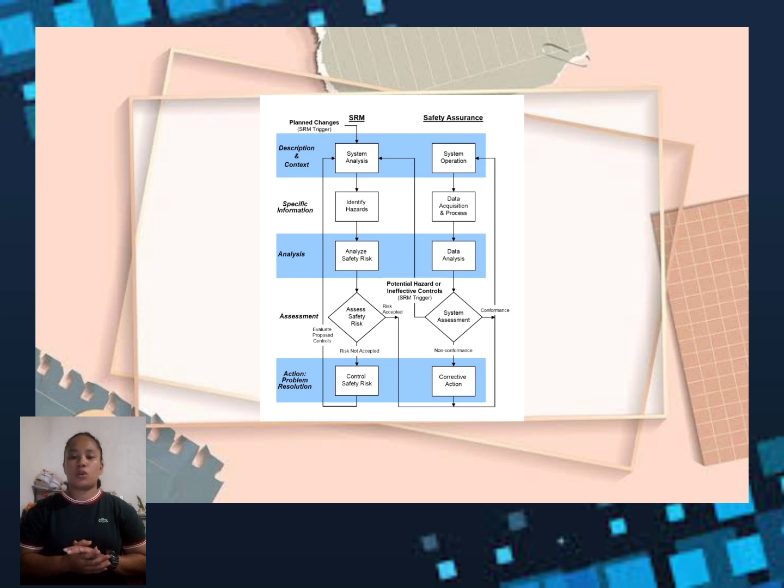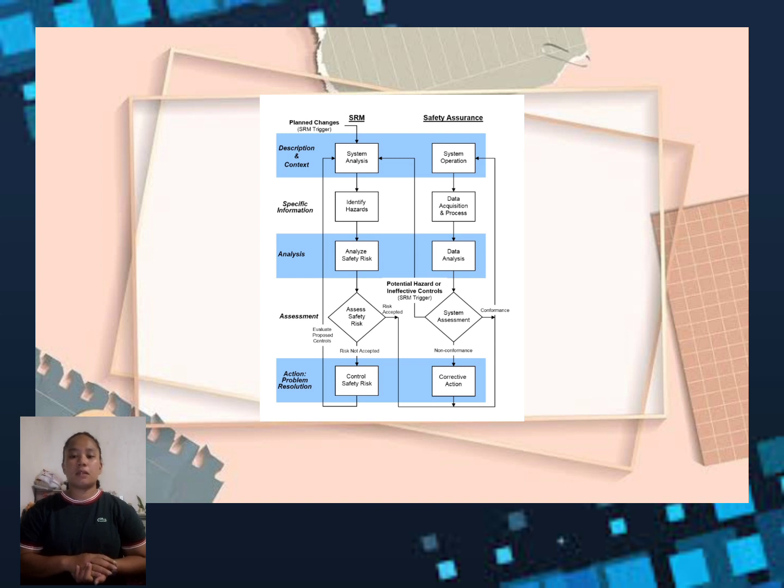This process shows the arrow loop from control safety risk to system analysis that reads evaluate proposed control. On the right is a flow diagram displaying 5 steps of safety assurance from top to bottom. So safety assurance shows the system operation, data acquisition and process, data analysis, system assessment, and corrective action.